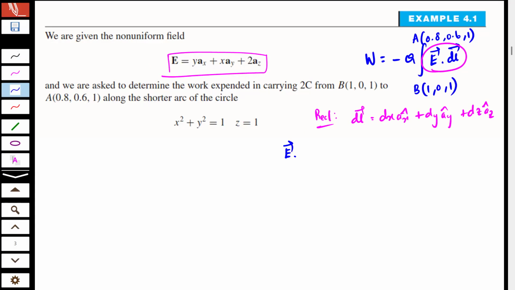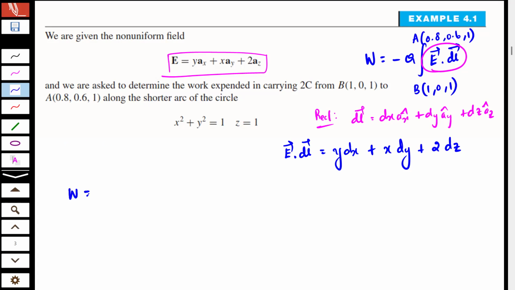So the dot product is obtained by multiplying the x components, that is y dx, then the y components of both vectors, which is x dy, then 2 dz. So this has to be integrated now with respect to the corresponding differential elements.